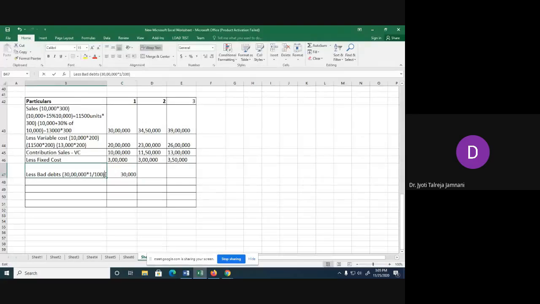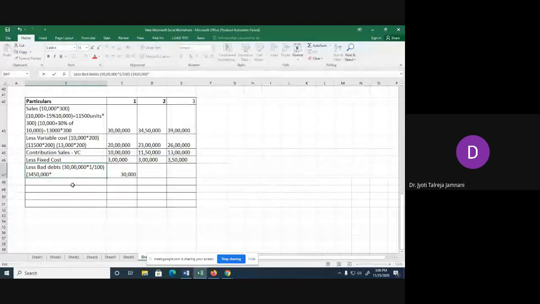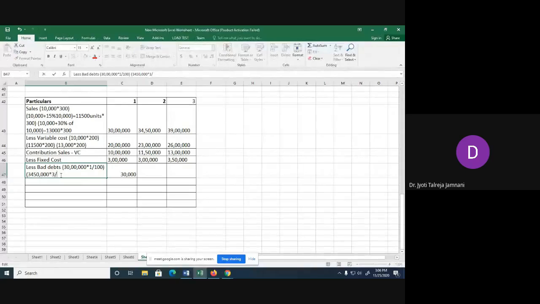Then you have in the second option, the sales is 34 lakh 50,000 into bad debt percentage 3%. So 3% we will take into 3 divided by 100, 34 lakh 50,000, 1,03,500.